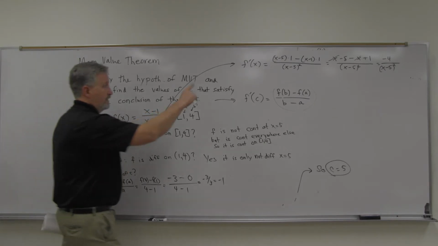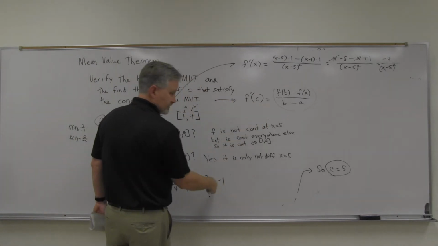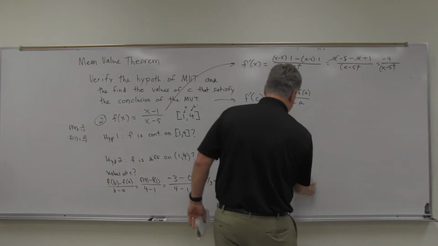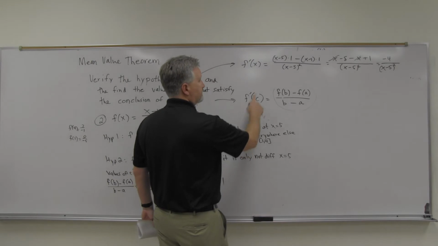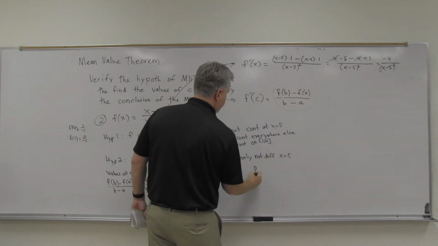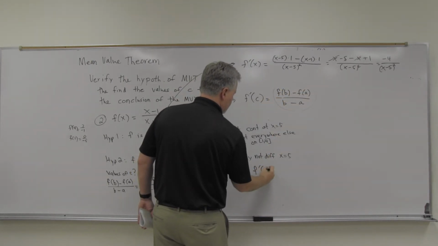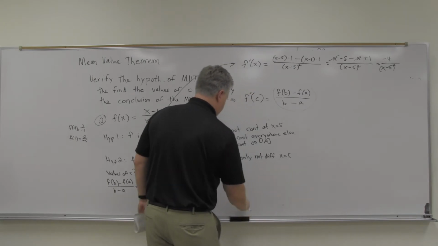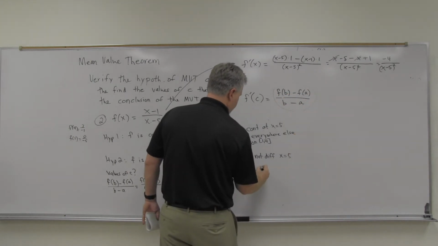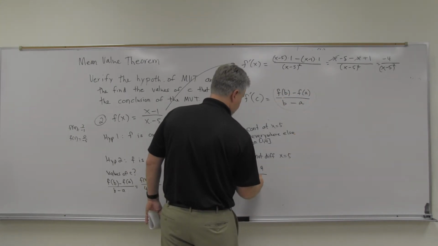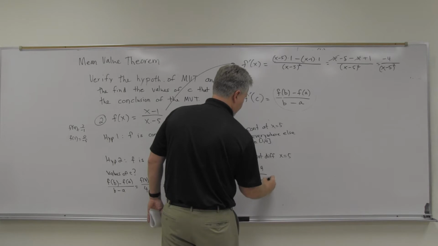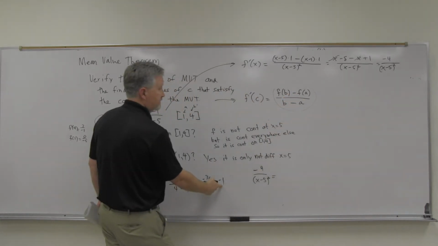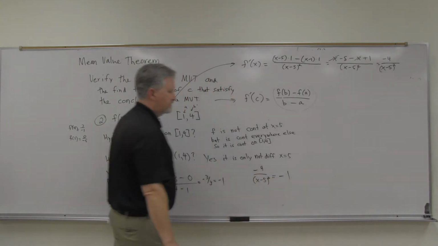So now I want f prime of c equal to that, so what am I going to solve? Well, I want the derivative, negative 4 over x minus 5 squared, equal to negative 1.